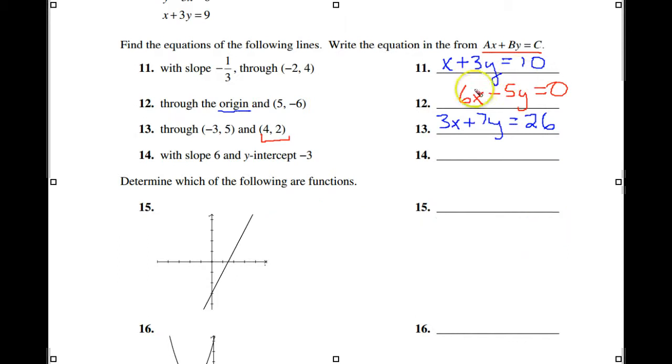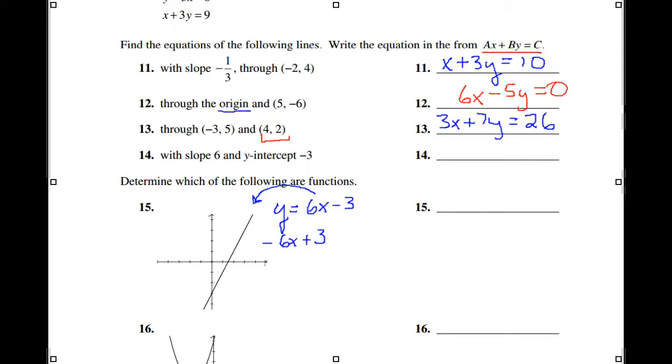Now, for number 14, notice they're giving you the slope and they're giving you the y-intercept. So our basic equation is y equals 6x minus 3. But again, that's not in standard form. So I have to transpose that, and that's going to become a negative 6x plus y.